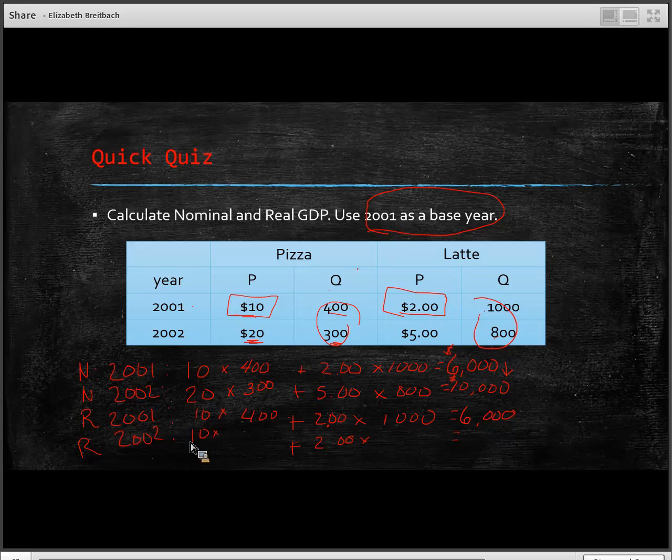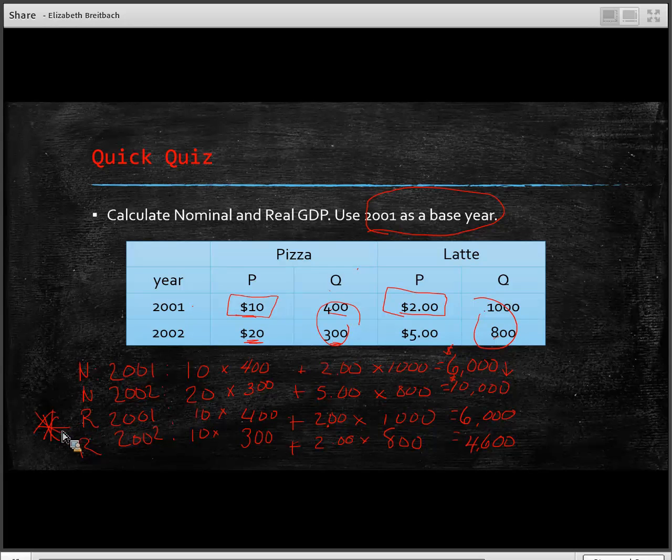In 2002, we're going to use 2002 quantities. We've already set our base year prices, and we have 300 and 800. When we take 10 times 300 plus 2 times 800, we get 4,600. And so real GDP tells us a better picture of what's going on over time.